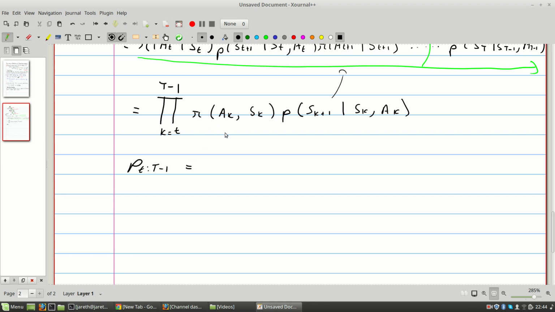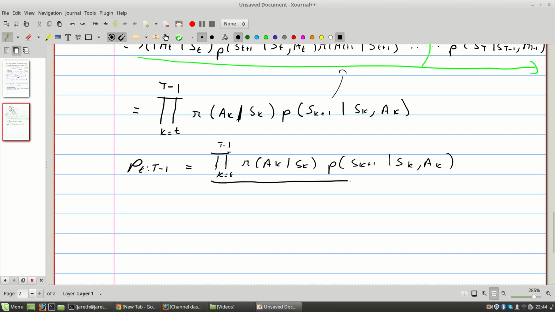This is the importance sampling ratio, which is the product from k equals t up to t minus 1 of pi of ak given sk times p of sk plus 1 given sk comma ak, divided by the probability of this trajectory under policy b: the product from k equals t up to t minus 1 of b of ak given sk times the probability of sk plus 1 given sk comma ak.